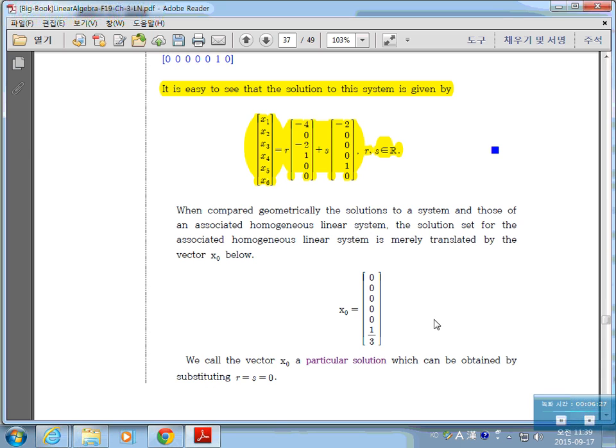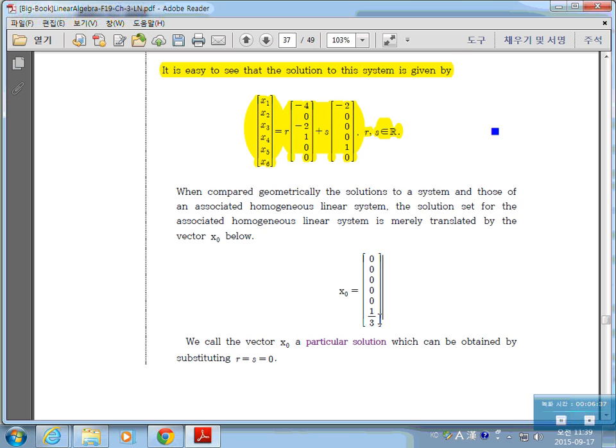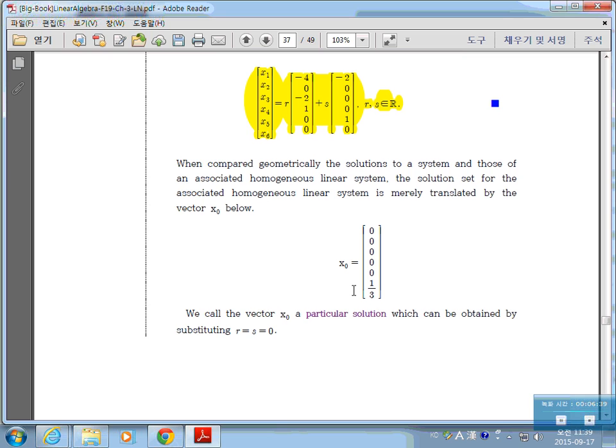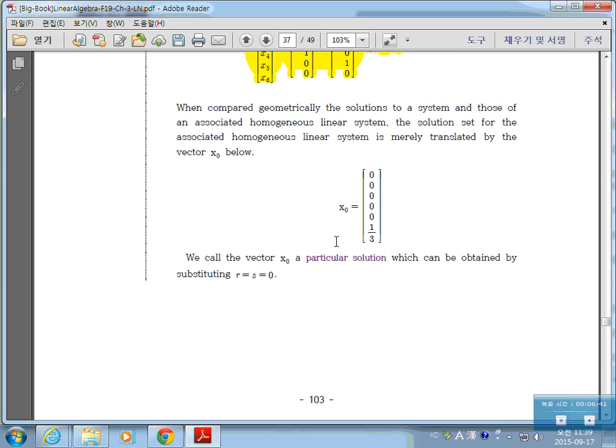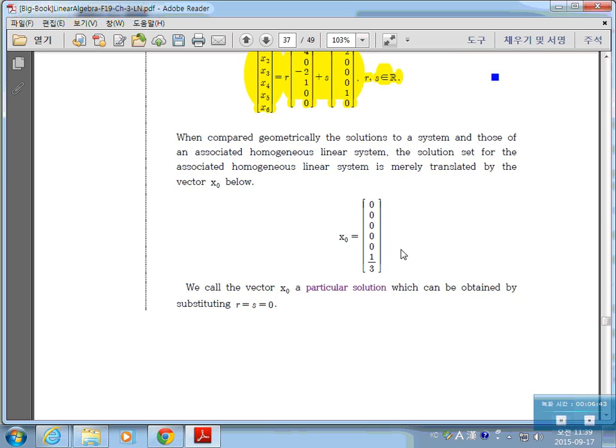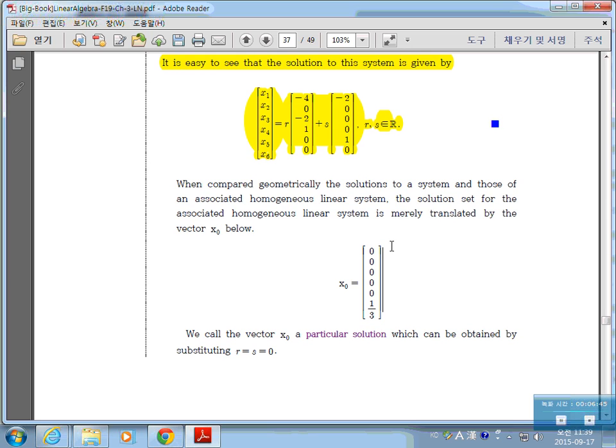Then what you have to do is just find one particular solution that satisfies the non-homogeneous system. Then all you have to do is just add this particular solution to this set of solutions to have the whole set of solutions for the given non-homogeneous system of equations.